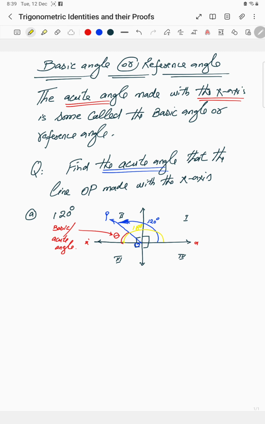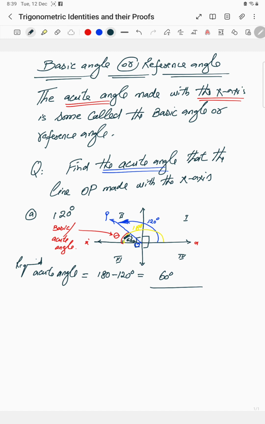So I can say the required acute angle, what we are looking for, or the basic angle will be 180 degrees minus 120 degrees. So whatever is left, that is 60 degrees. It means this angle is 60 degrees, that is lying with the x-axis. So that is my answer.